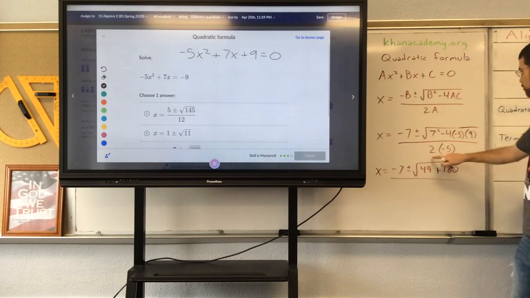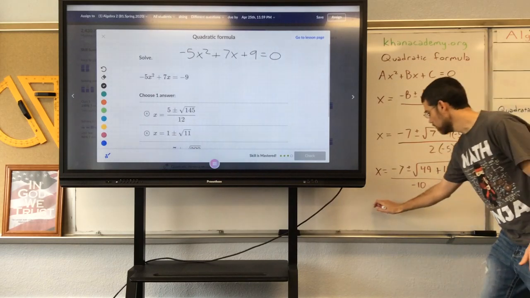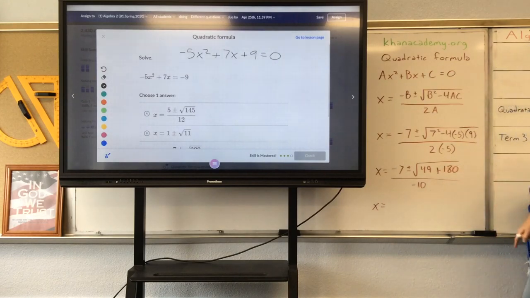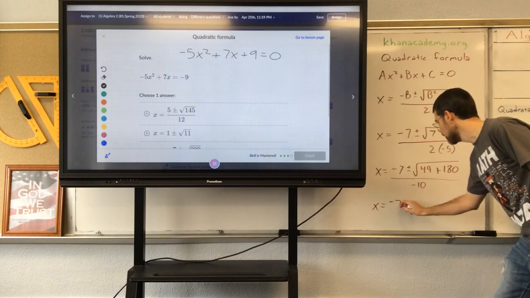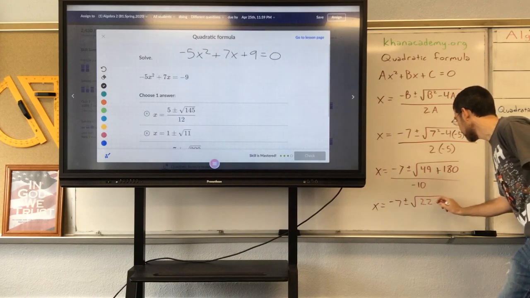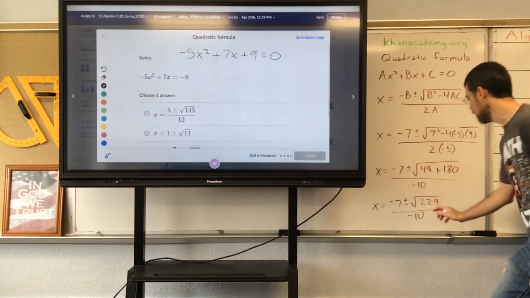All of that's over 2 times negative 5, which is negative 10. And so, we're getting there. 49 and 180 is 229. Negative 7 plus or minus the square root of 229 over negative 10.